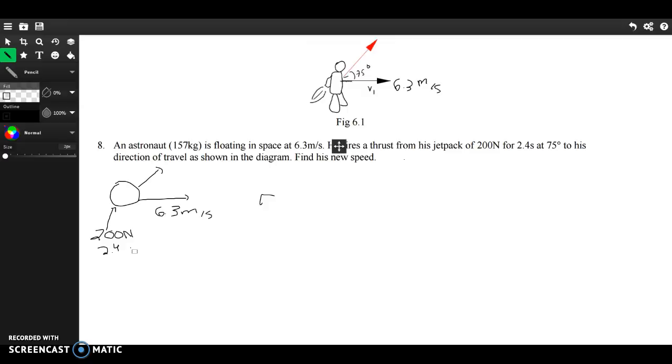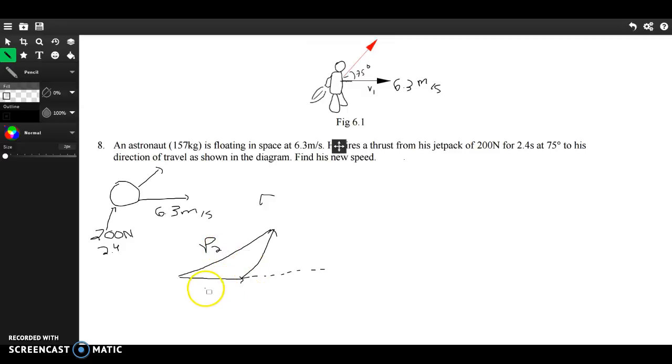So in order to solve this problem, we need to set up a couple triangles. The first looks like this. Alright, so this is his final momentum.